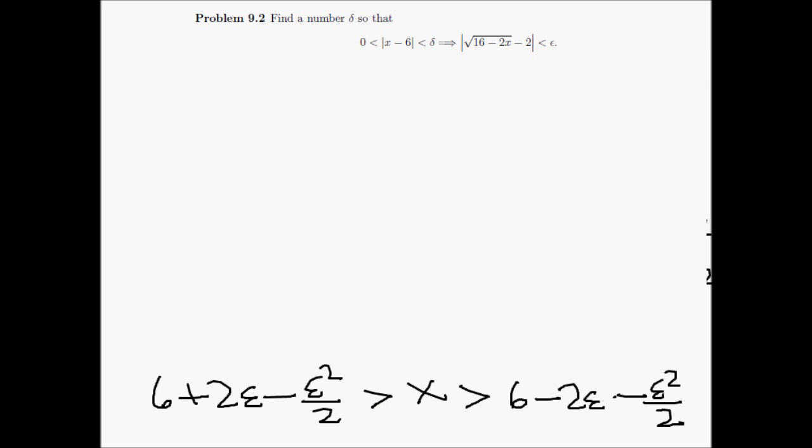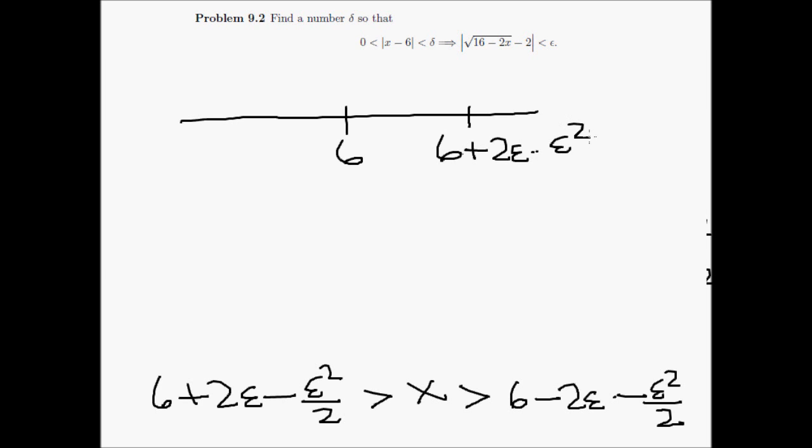So just to draw the picture here, I have a number line here. 6 is right here. On this side is going to be 6 plus 2 epsilon minus epsilon squared over 2. On the other side is 6 minus 2 epsilon minus epsilon squared over 2. And so delta can be chosen to be whatever the smaller of these two distances is.